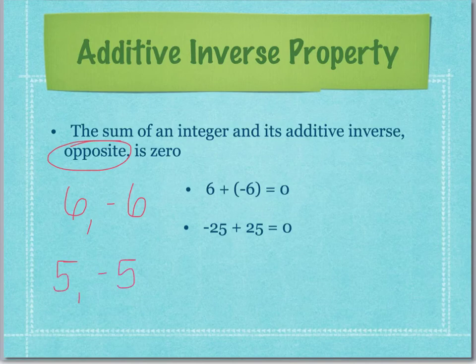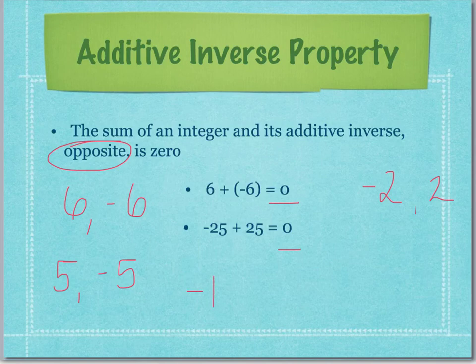The opposite of negative 2 is positive 2. So the sum means we're adding. You're going to add an integer and its inverse or its opposite. So 6 plus negative 6 equals 0. Negative 25 plus positive 25 equals 0.